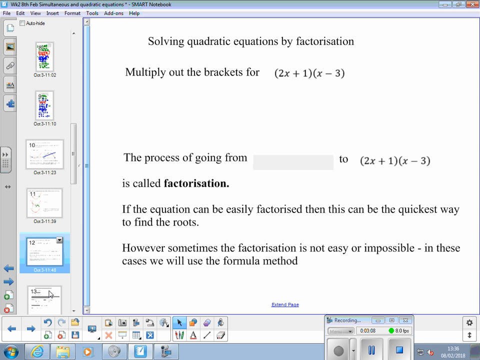What happens if we multiply out the two brackets at the top? Well, we'll go through it together.